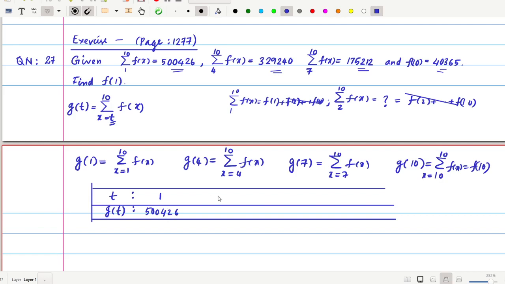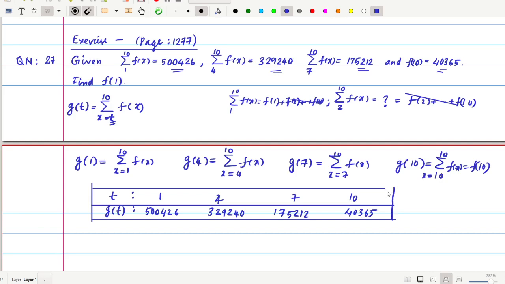For the value 4, the summation x equal to 4 to 10 is 329,240. For the value 7 we have 175,212. And for the value 10 we have 40,365. So these are the values of this function g.